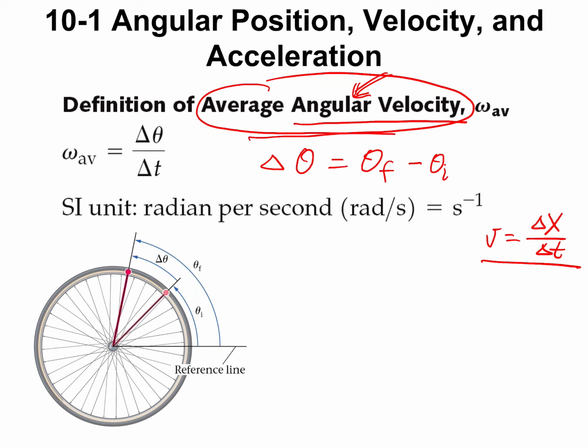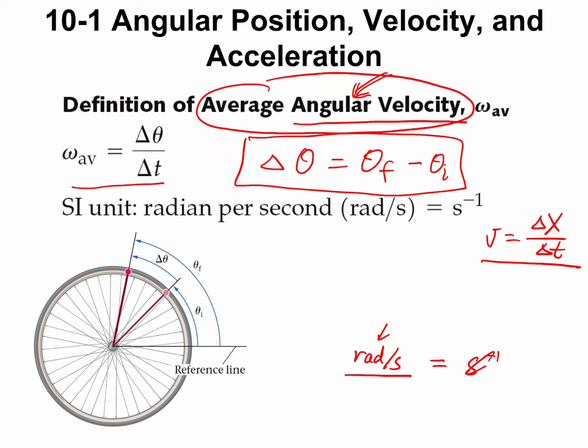We describe average angular velocity in radians per second. Because radian is dimensionless, the dimension is actually 1 over s.